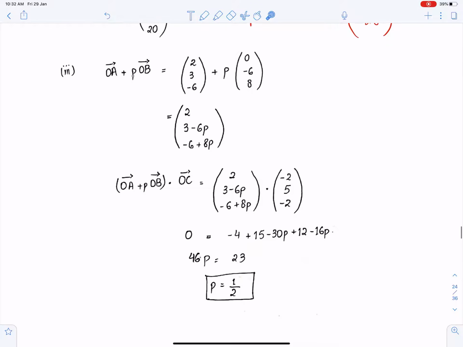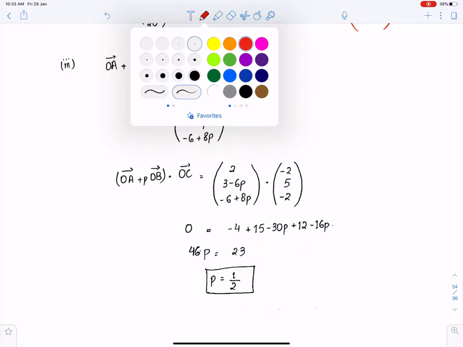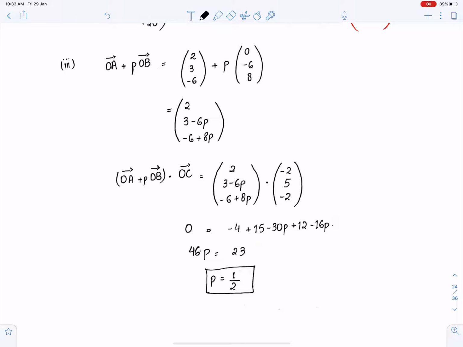So first work for this vector OA plus POB. This is OA, this is P and this is OB. And this is the simplified form of this vector.